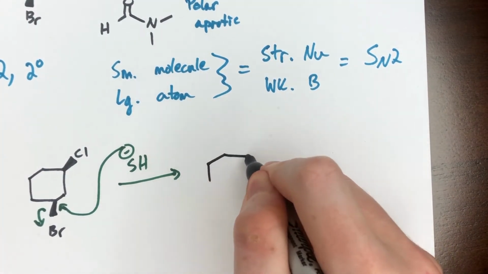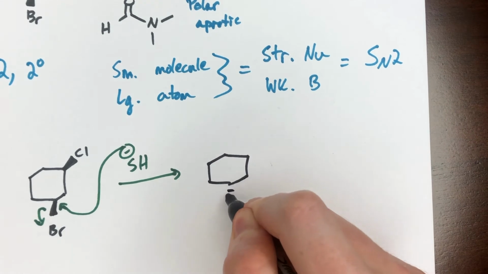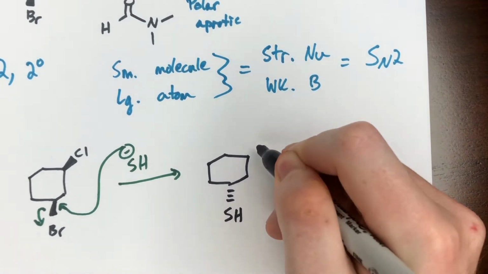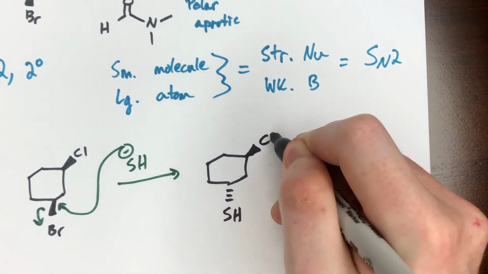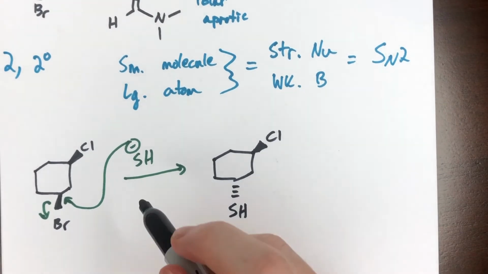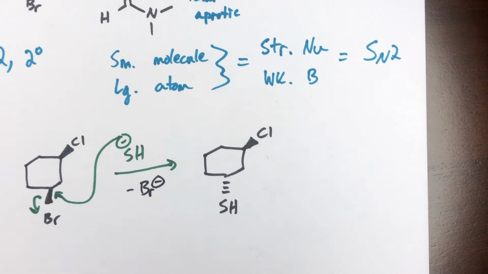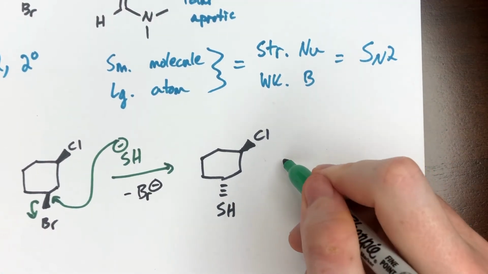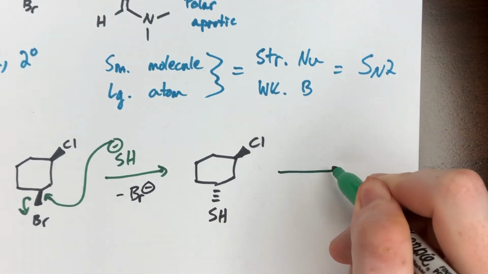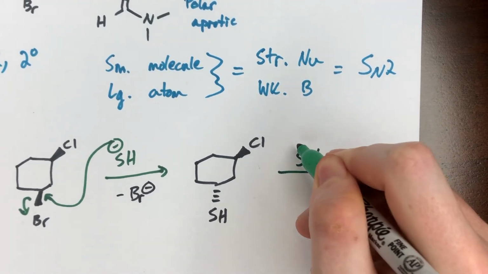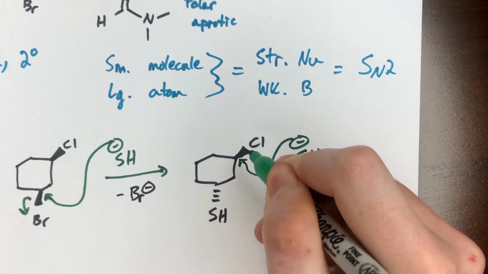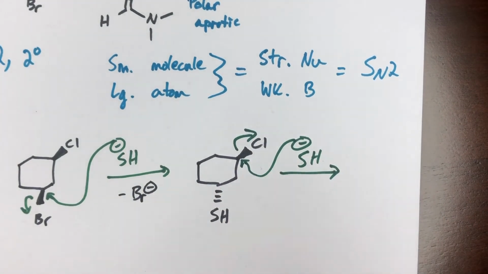Again, this is SN2, so you get inversion at that center, right? Just like this. And then again, we lost Br, so I'll just draw minus Br minus as byproduct. And then we'll get another attack at the chloride center now. Like this.